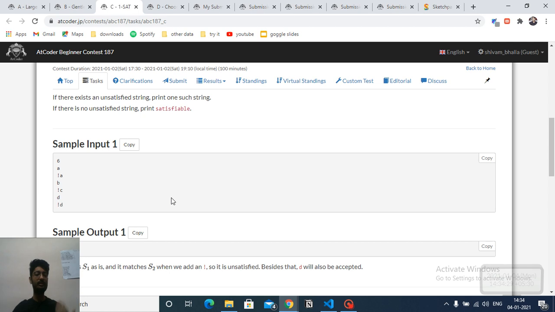So you have to find out whether there exists some string which, if I remove the exclamation mark, will be equal to a string with no exclamation mark. They will form an equal string.